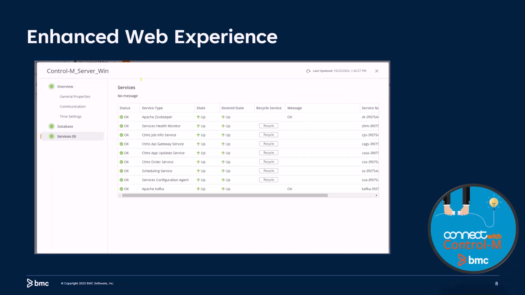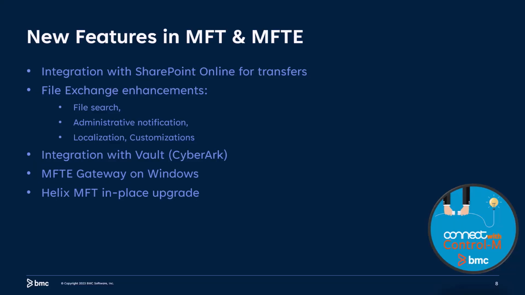When you click through to access the services, you access this page. You can see the current state of all your services here. As you can see in this screenshot, you have the Apache Zookeeper with status OK, Apache Kafka with status OK. And for instance, your services Health Monitor, your CTMF Job Info service, and the other services. And you can recycle these from here if needed.